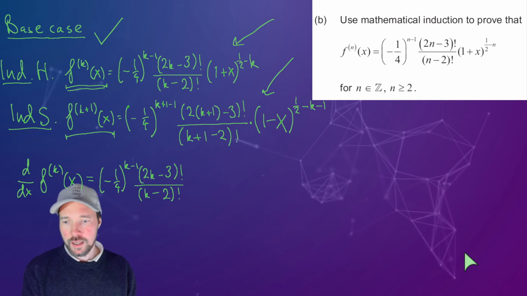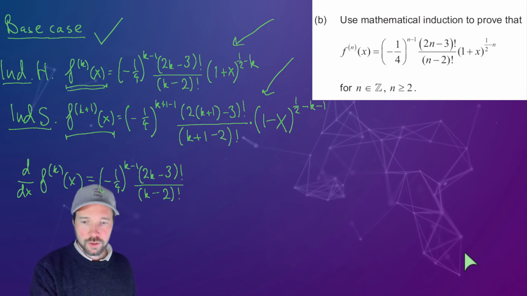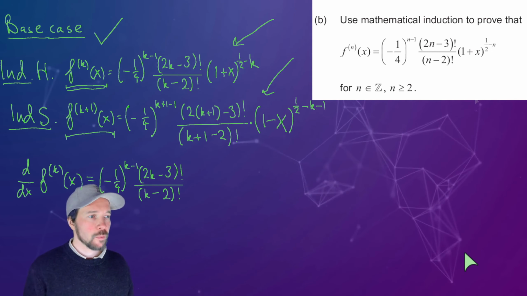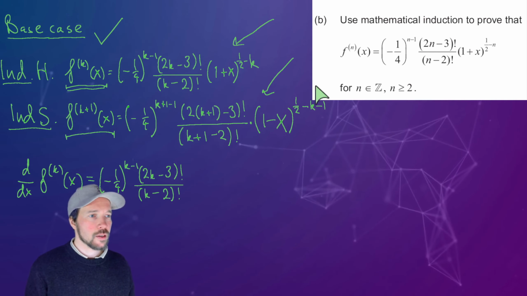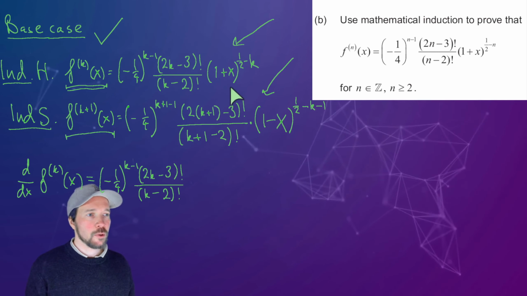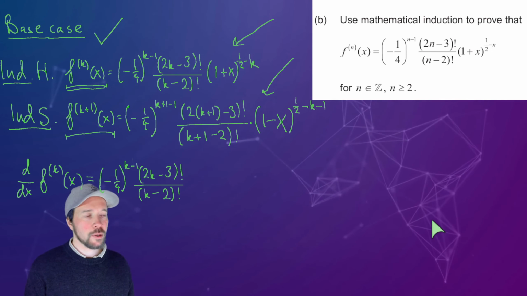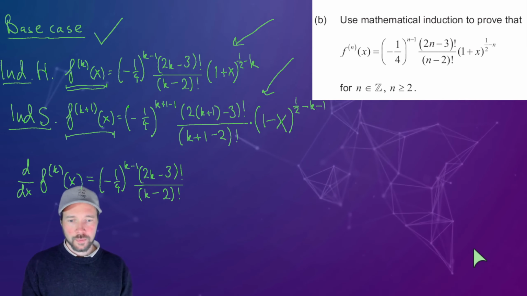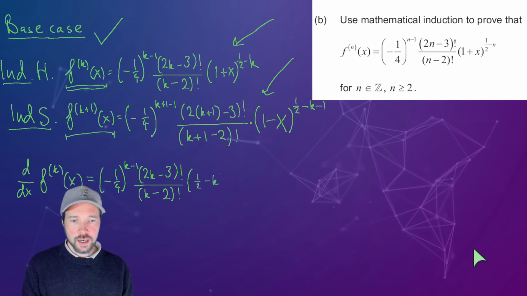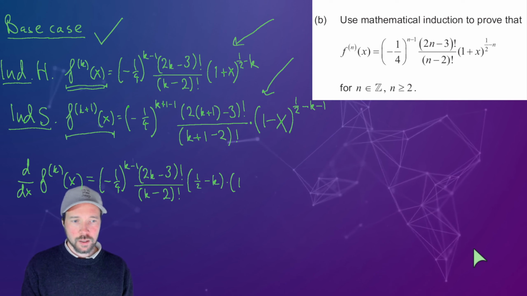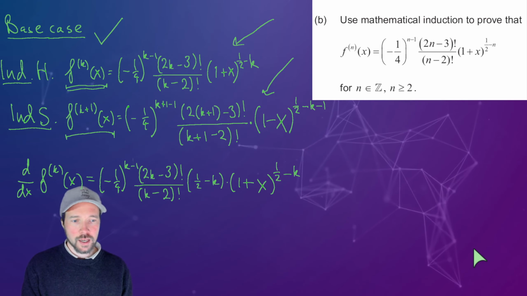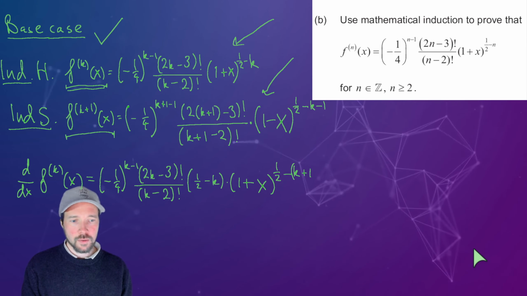And then applying our rule, we take the derivative of this term. The exponent jumps down, and from the exponent we subtract 1. So then we get half minus k times 1 plus x to power half minus k plus 1.